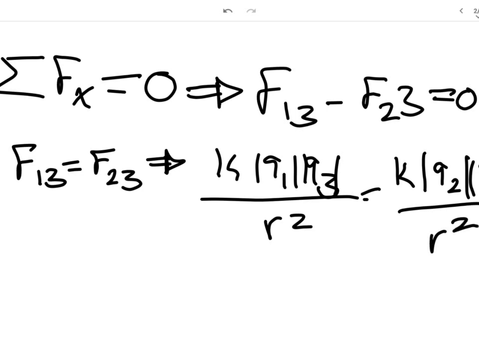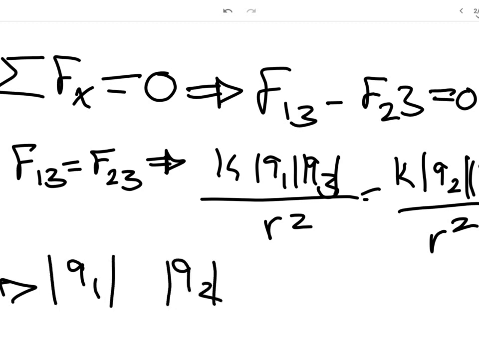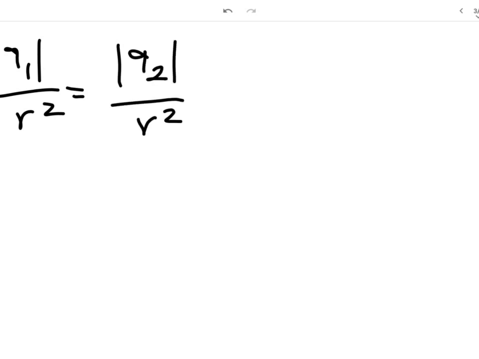You can remove k and Q3, which will give you Q1 over R squared equals Q2 over R squared. This is R13 and this is R23.